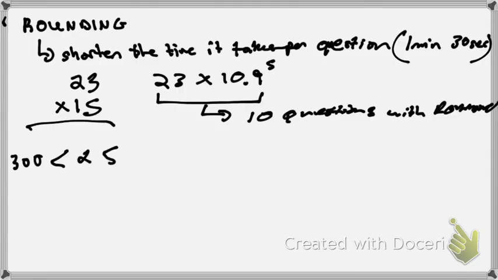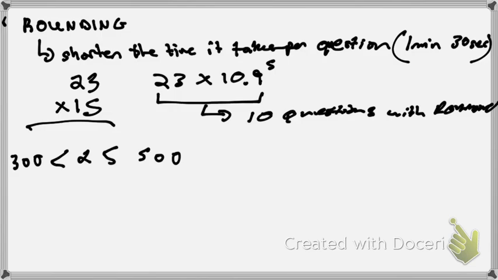And we can also do 25 times 15, or 25 times 20, and we can get a number like 500, okay? So automatically we can see that the number is going to be between 300 and 500.